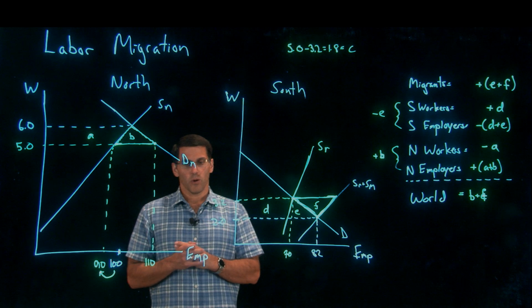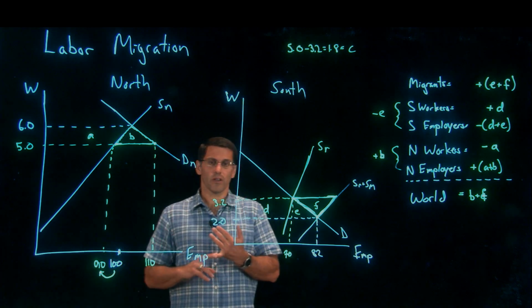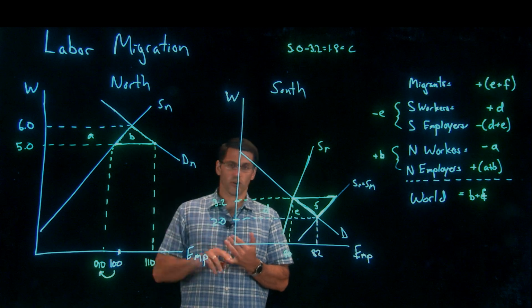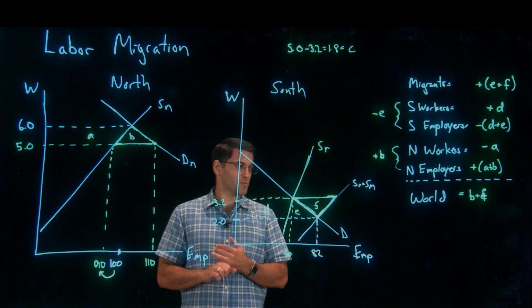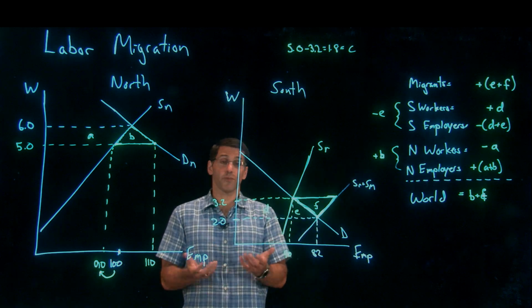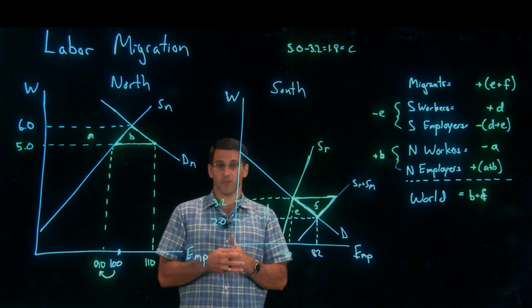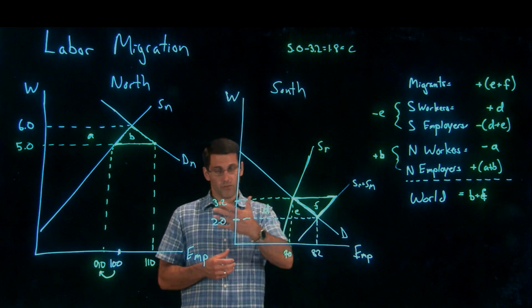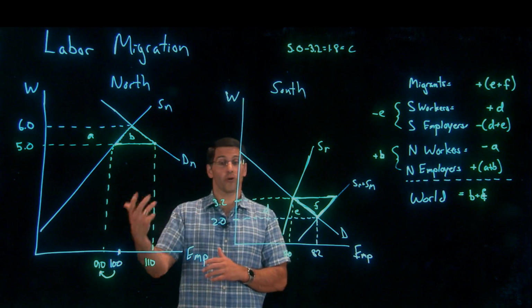But some of the questions we want to ask are, well, what happens when the native workers in the North, or maybe some of them at least, instead of the migrants being substitutes for them, are complementary? What happens if they do different kinds of jobs and the influx of migrants actually makes the native workers more productive?